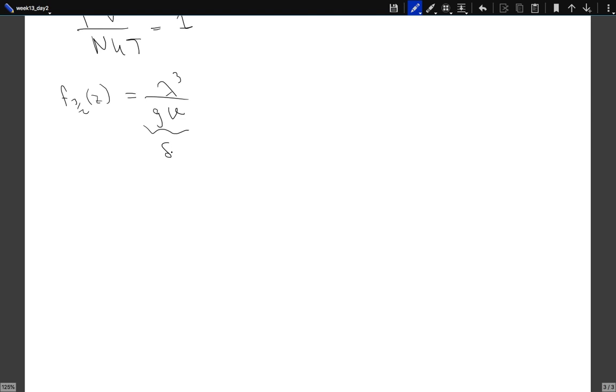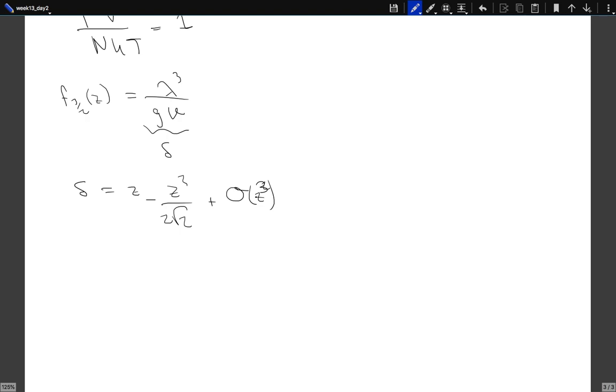Let me call this thing delta. So delta is equal to z plus z squared over 2 square root of 2, no, minus, plus terms of the order of z squared, z cubed.